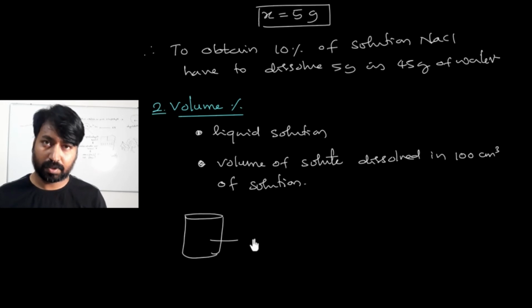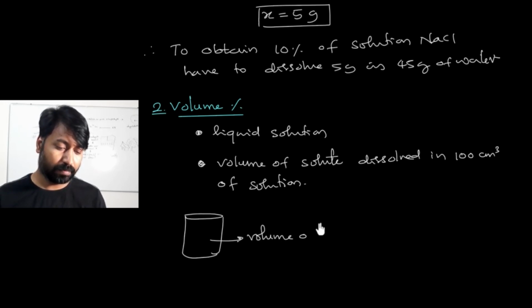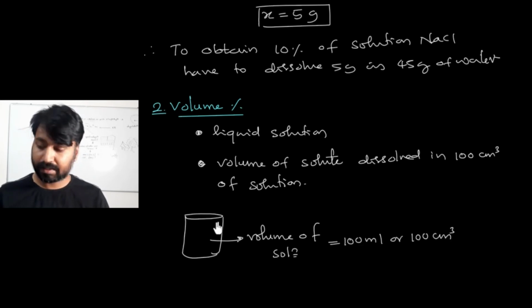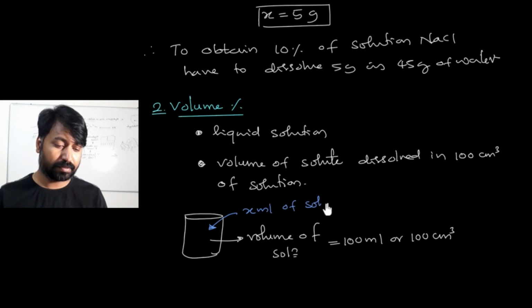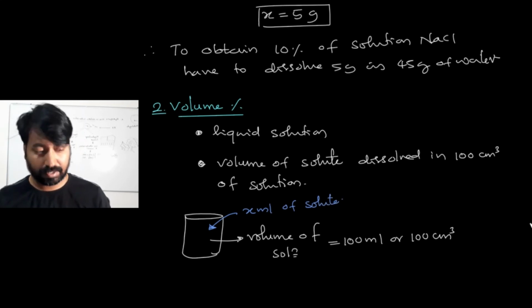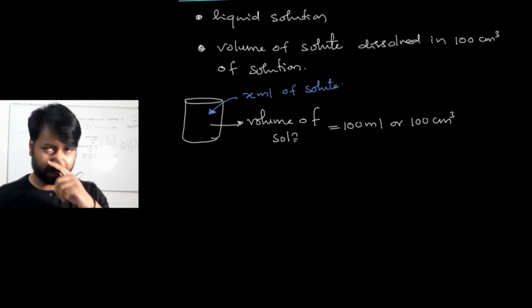In this container, the total volume of the solution should be 100 ml, or 100 cm cube. And in this you add a certain amount, x ml, of solute, and the solute here should also be a liquid.